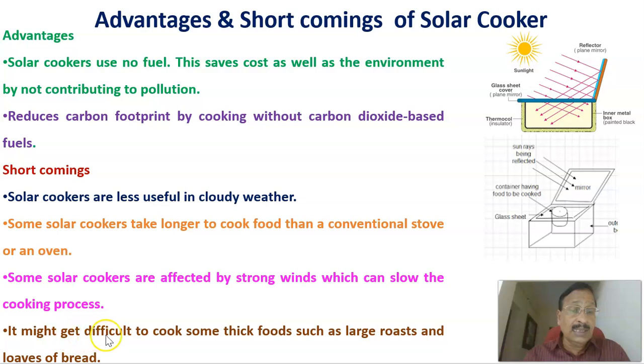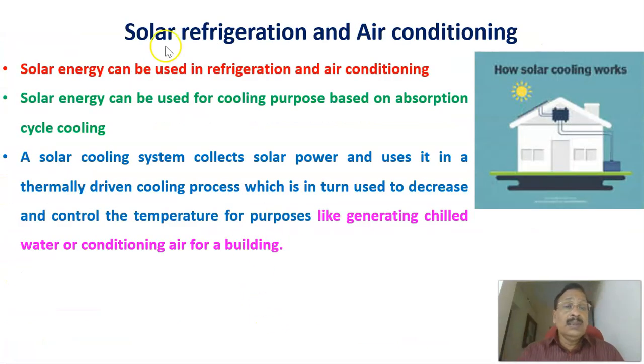It might be difficult to cook some thick foods such as large roasts and loaves of bread. So certain types of food will be difficult to cook. Therefore, there are certain shortcomings for solar cookers also.